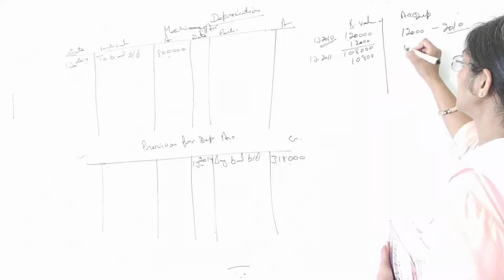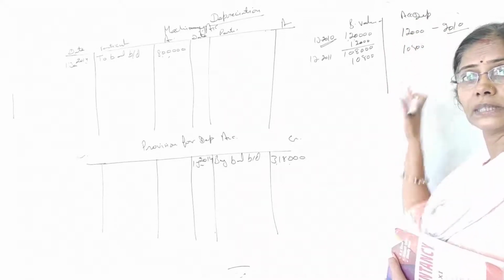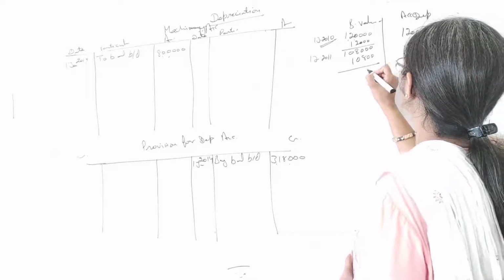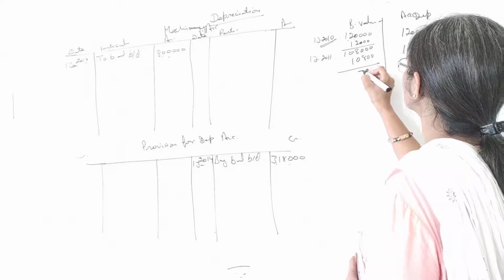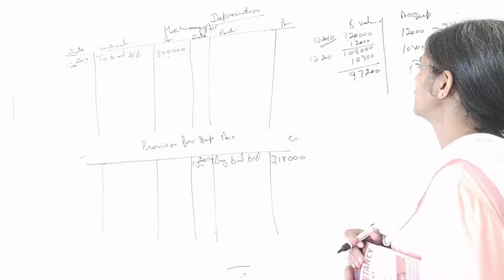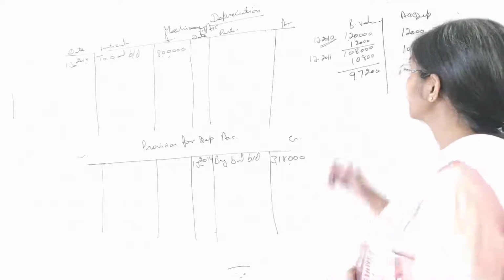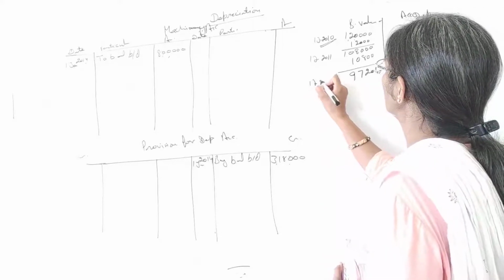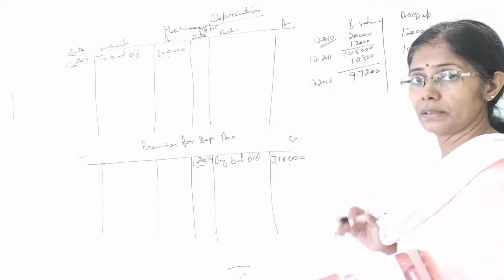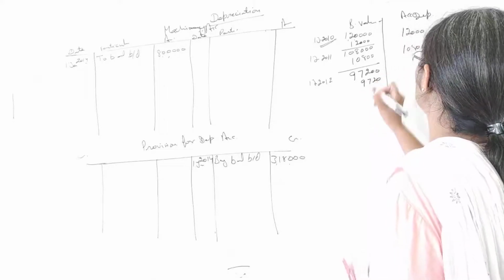So this is the depreciation which we are keeping and accumulating year after year. Okay, ये जुड़ता जा रहा है हमारा depreciation. And here what is the value? Reduced value, it's 97,200. Okay, and this is on 1st January 2012. Now once again this year's depreciation it is 9720.